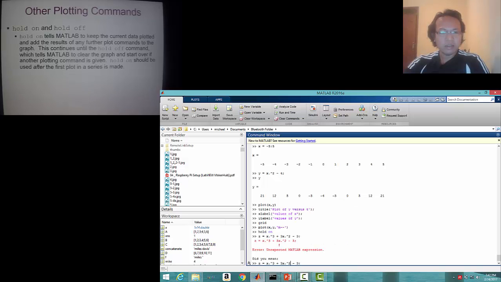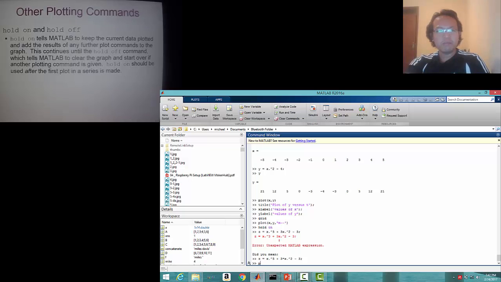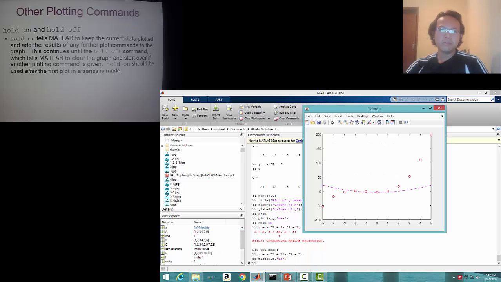Okay, I made a mistake again. 3 times, okay, and then let's say plot z, and then let's say red arrow. Let's see what will happen here.